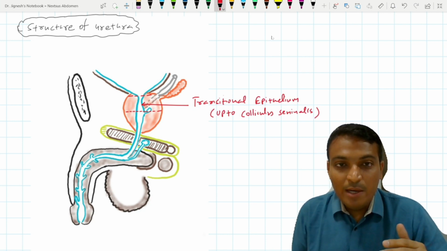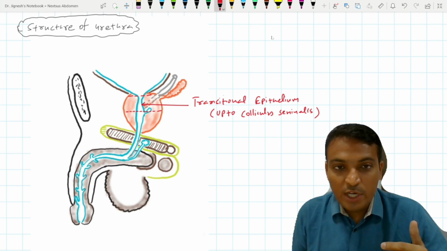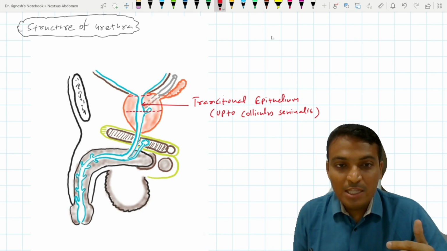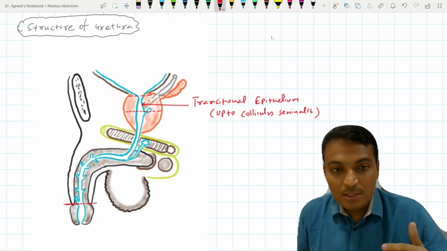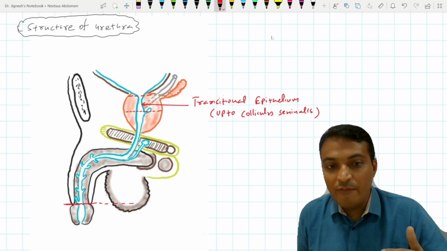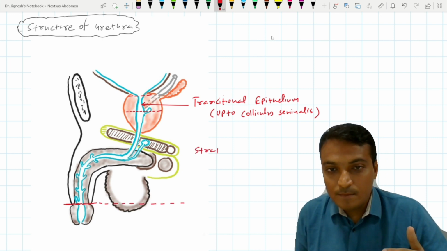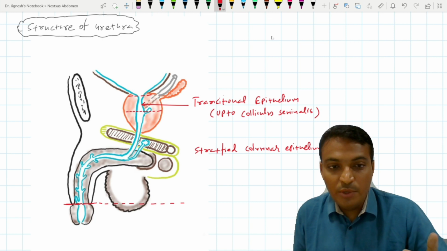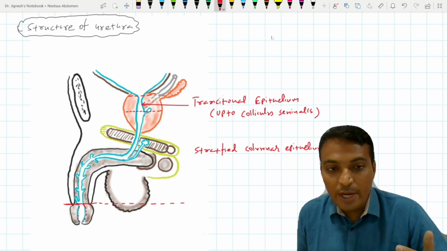The lining epithelium of the remaining portion of the prostatic urethra, the whole membranous urethra, and the part of the spongy urethra up to the glans penis is lined by stratified columnar epithelium. While the part of the spongy urethra within the terminal fossa and at the external urethral orifice is lined by non-keratinized stratified squamous epithelium.